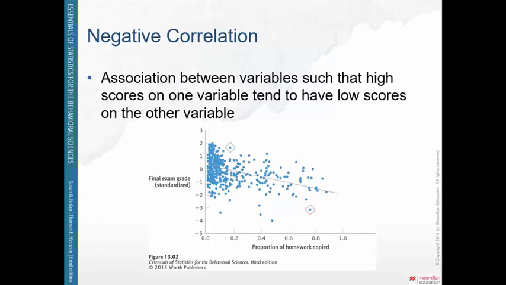Here's a negative relationship between amount of homework copied and final exam. People who don't copy much homework tend to do better on final exams, whereas people who copy lots of homework tend to do worse. So this again would be a negative relationship.